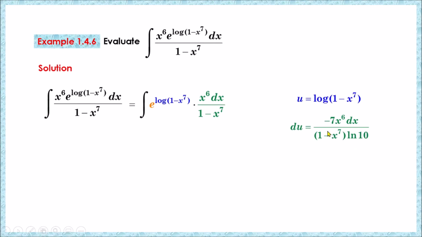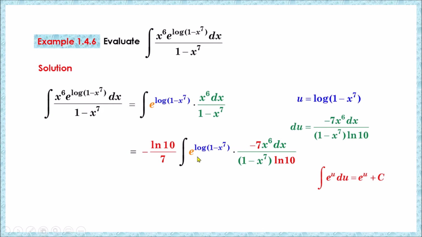So this differential of u is not exactly in the given integral. We need a constant factor, negative 7. So let us supply that inside together with ln 10 in the denominator. Balance outside by negative ln 10 over 7.